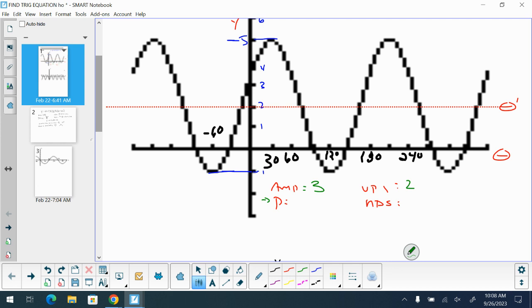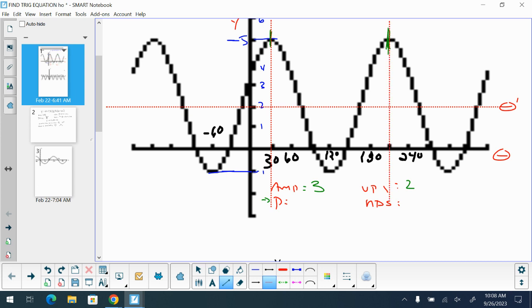So I'm going to go from here to here, and you may have to draw some vertical lines down. I have a vertical line here, vertical line here. That would be peak to peak, valley to valley.